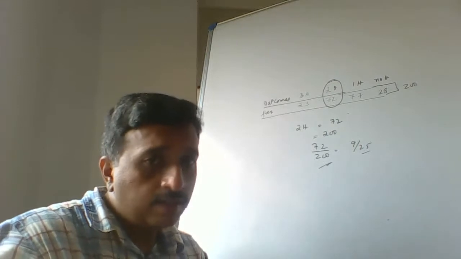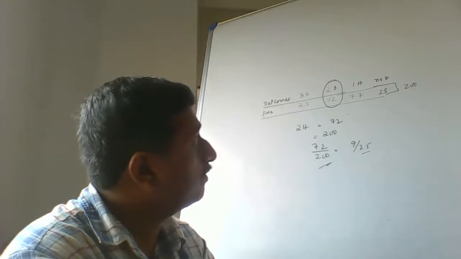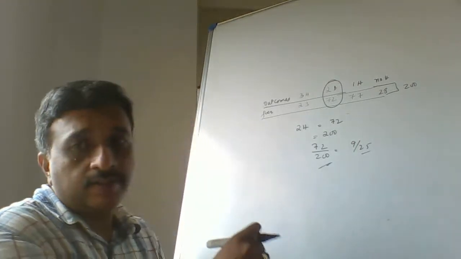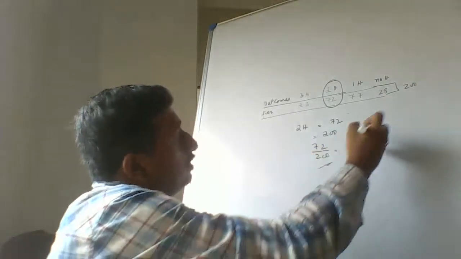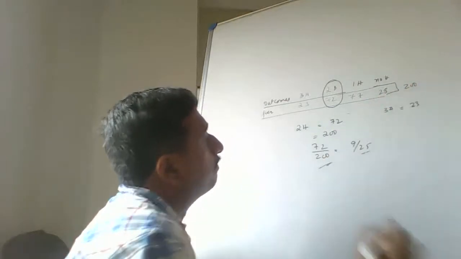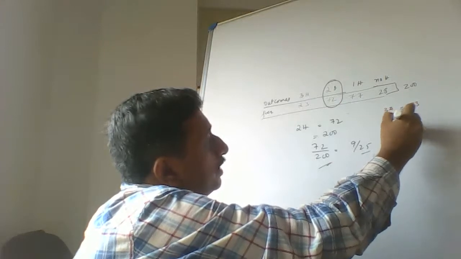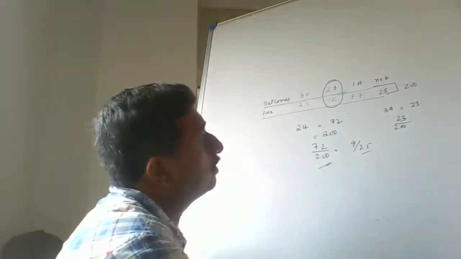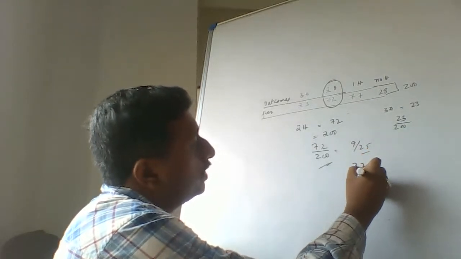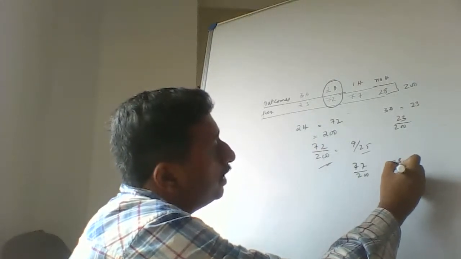Any guesses? Let me extend that to the problem. If I have three heads, again this is 23 divided by 200. One head, 77 divided by 200. No head, 28 by 200.